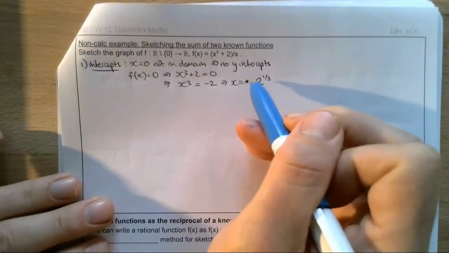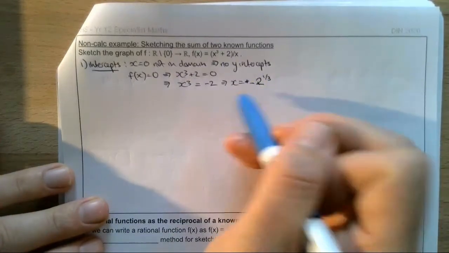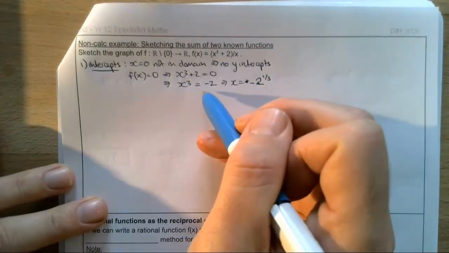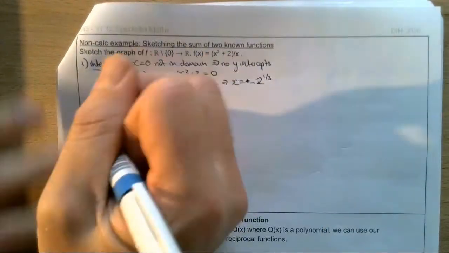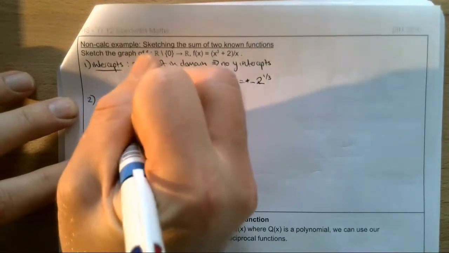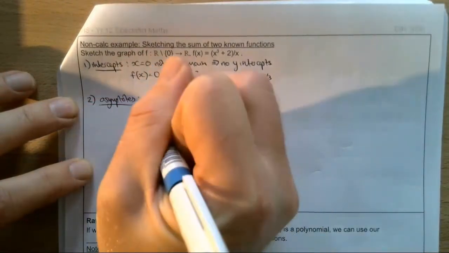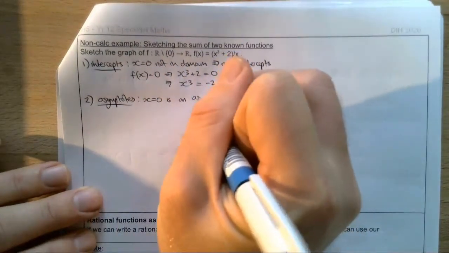Sorry, I just wasn't sure about exactly how I was going to write that. So minus 2 to the power a third. That's going to give me 1 intercept only. Okay. Number 2, let's think about asymptotes. Well, the first one, x equals 0, is an asymptote.